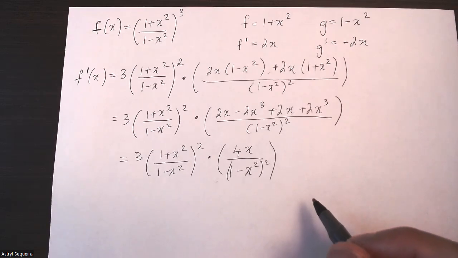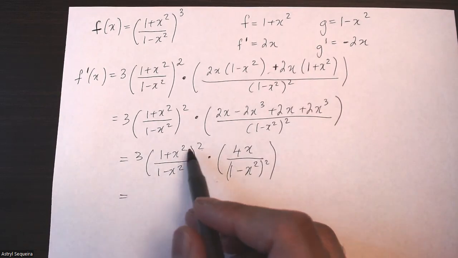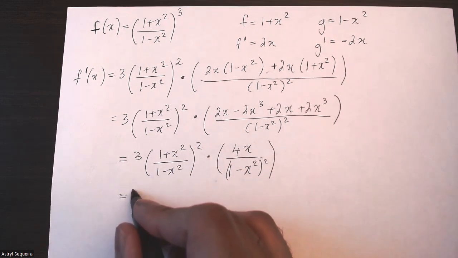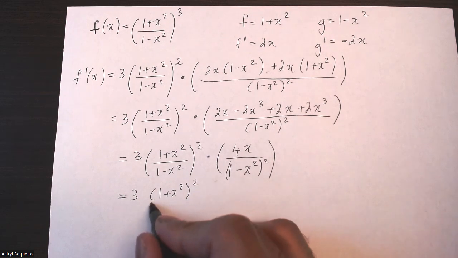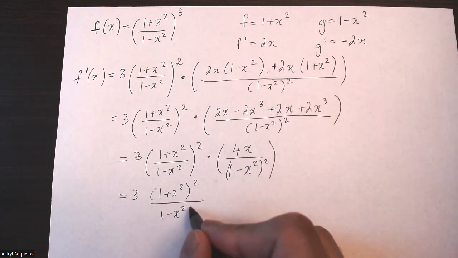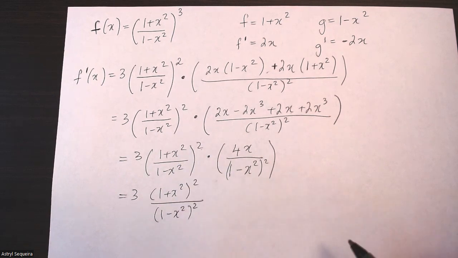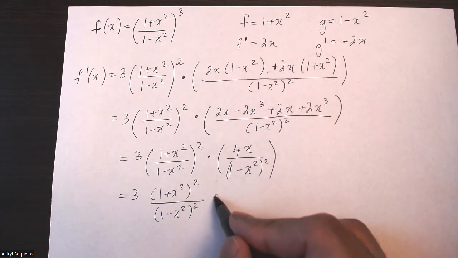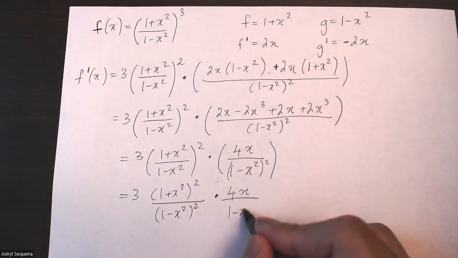Now this can be simplified further in a couple of different ways. The first thing you want to do is distribute this exponent into this bracket. I'm going to rewrite this as 1 plus x squared divided by 1 minus x squared, squared. I just distributed the exponent to the top and the bottom. And over here, so now I can just write this the same.